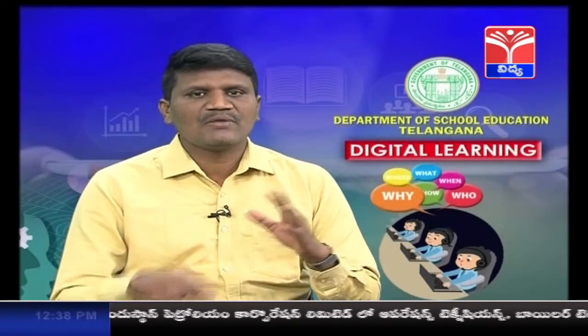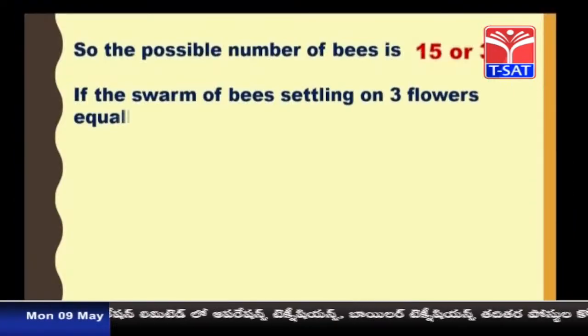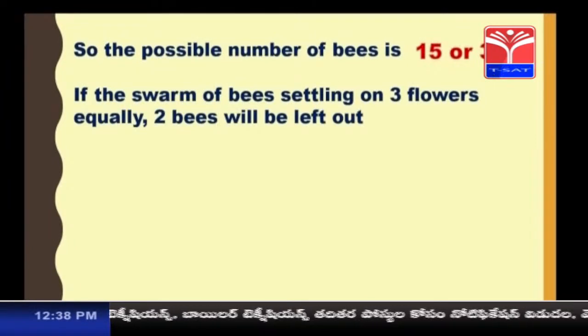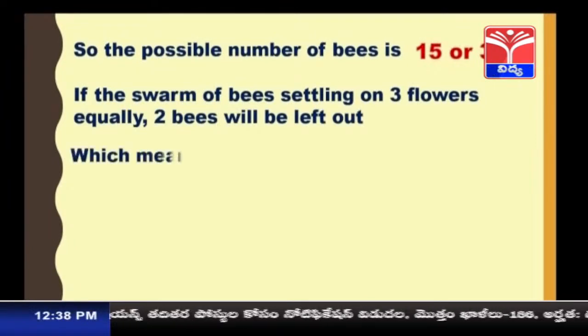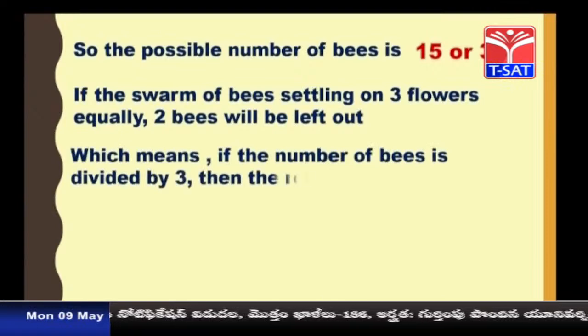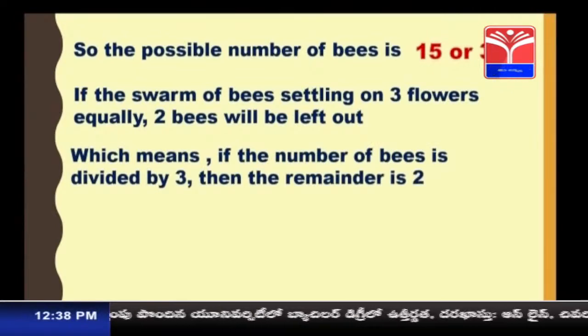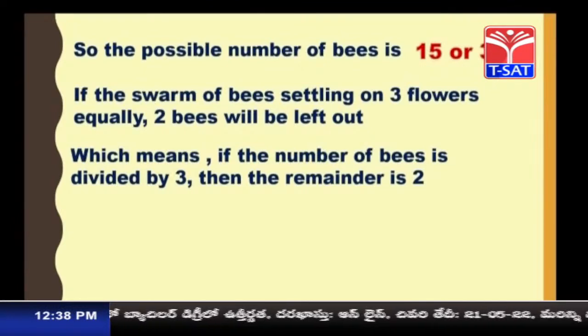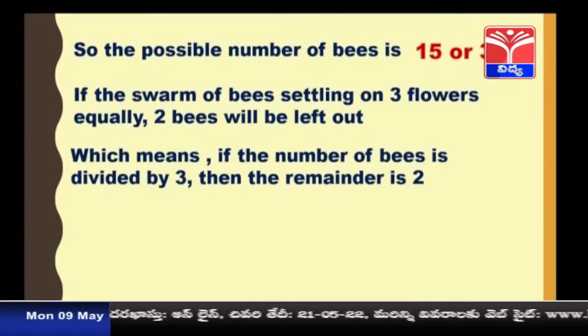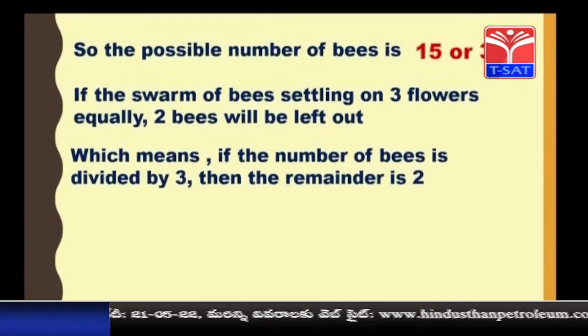The hint is, if the swarm of bees settles on three flowers equally, two bees will be left out, which means if the number of bees is divided by 3, then the remainder is 2. We have the numbers 15 and 35. If divided by 3, the remainder should come as 2.